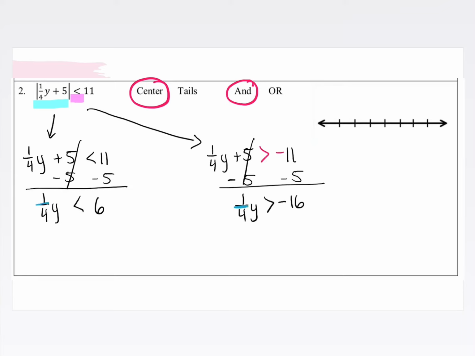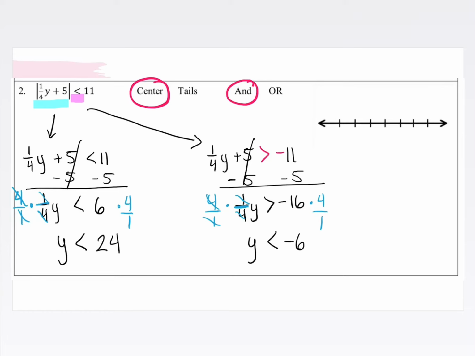So instead of dividing both sides by 1/4, we can multiply both sides by the reciprocal, which is 4/1. On the left-hand side, it reduces to 1y, or just y. And on the right-hand side, we have 6 times 4/1, which is 24, and negative 16 times 4, which is negative 64.